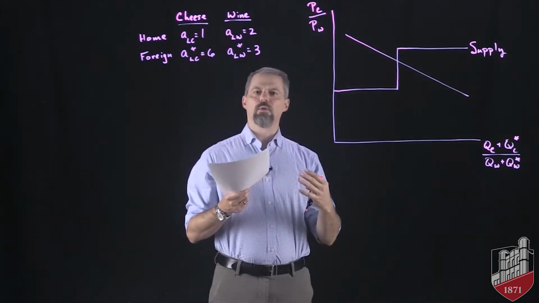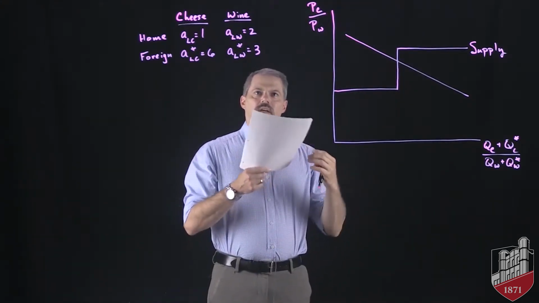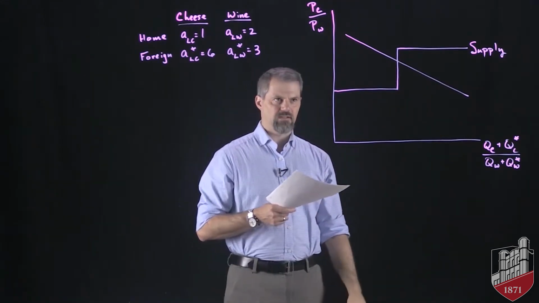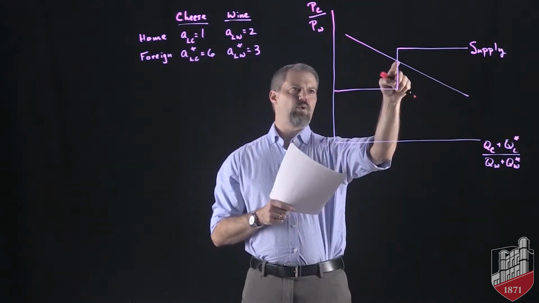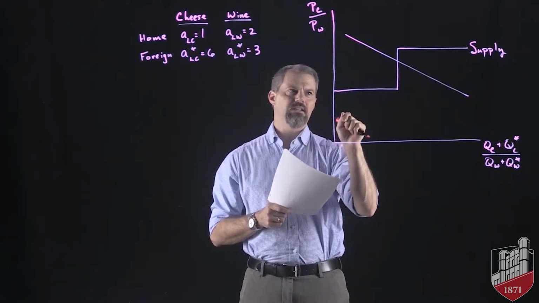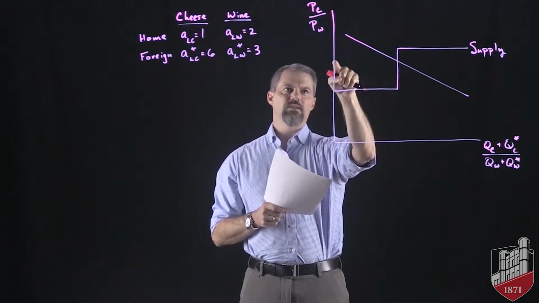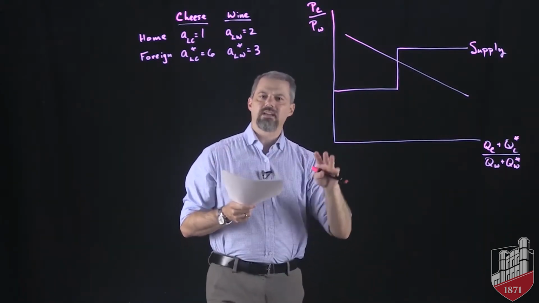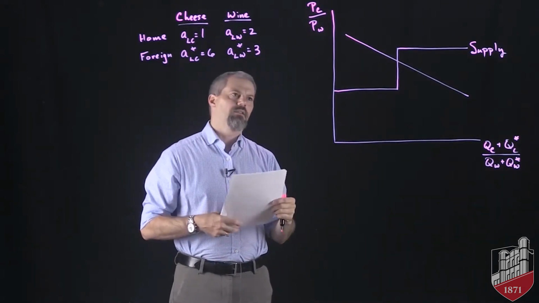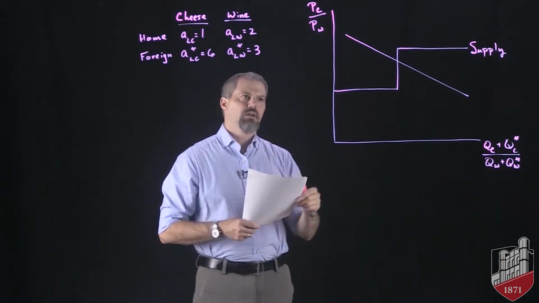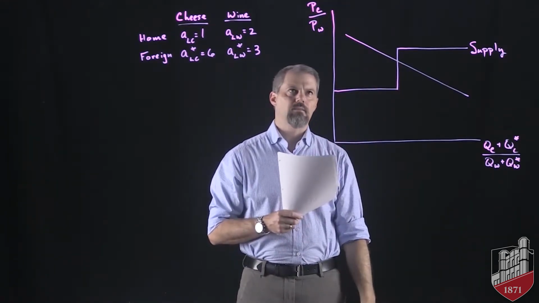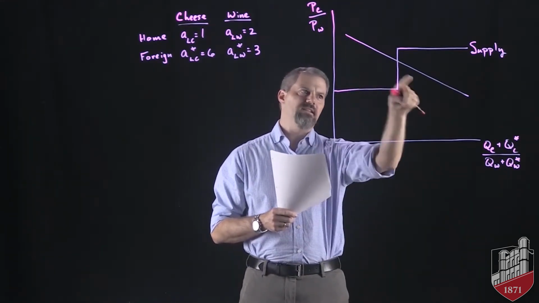And we would have the normal example where each country would specialize in the good for which they have the comparative advantage. And the relative price that trade would take place at would be given by this intersection point. We'll do a numerical example in a video coming up in just a little bit where we mathematically solve for that. But it's just a matter of finding this intersection.